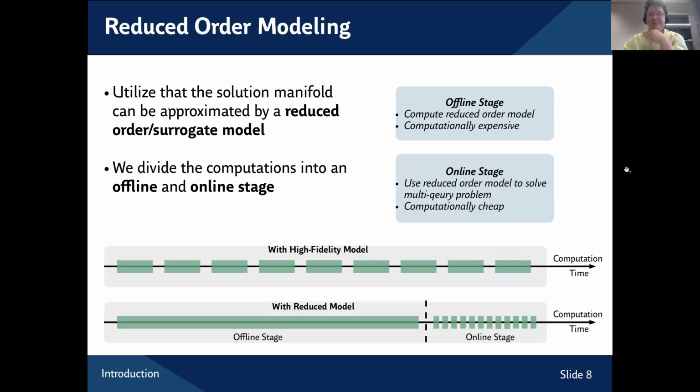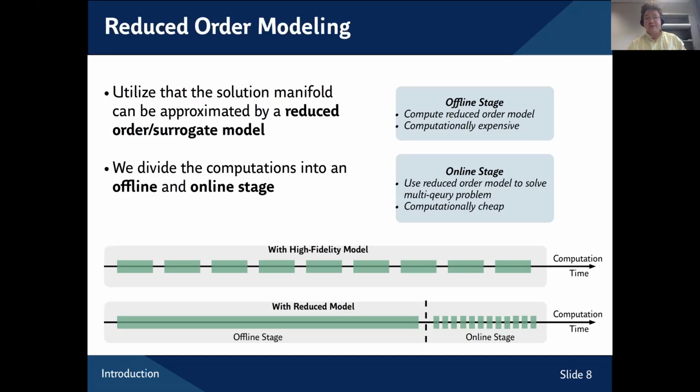So what we want to do, as Jan Hesthaven talked about in the first talk today, is perform reduced order modeling. Here, the idea is that we assume that the solution manifold can be approximated by a reduced order model. It is sometimes referred to as a surrogate model. Sometimes they are referred to as two different things. I will just use the two words interchangeably. So the general idea is to divide the computations into two stages.